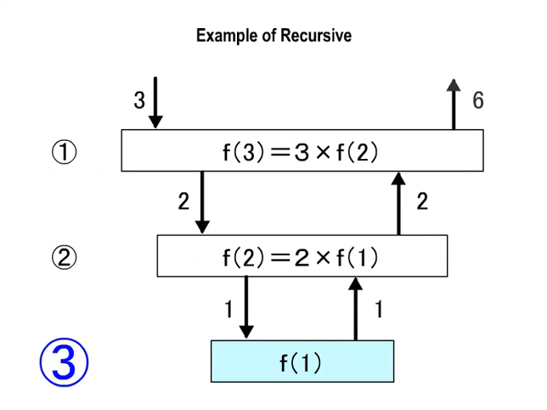If n equals 1, then 1. By calling these in the order of 1, 2, and 3, and calculating their values in the order of 3, 2, 1, we get the result of factorial of 3 equals 6. By using this recursive way of thinking, complex problems can be simply solved.